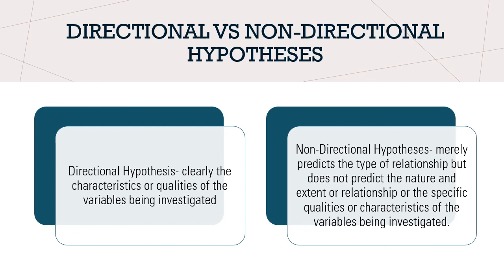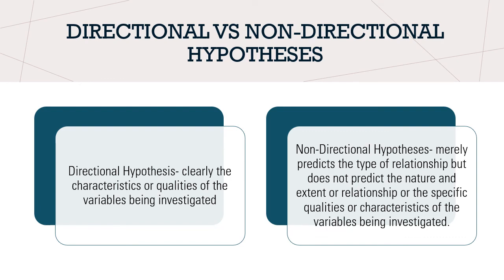That could be one non-directional hypothesis. When I say directional hypothesis, I could say doctors have more knowledge about COVID-19 compared to nurses. As you can see, I already specified more knowledge.